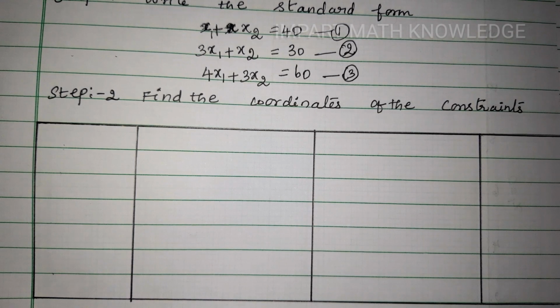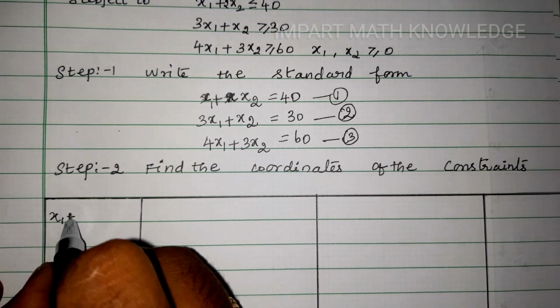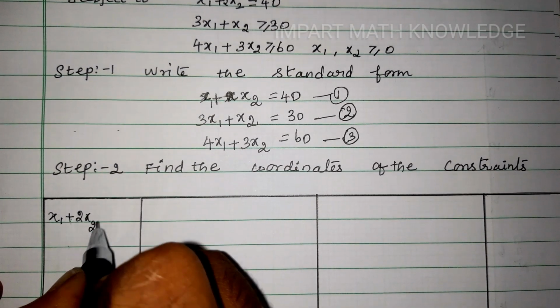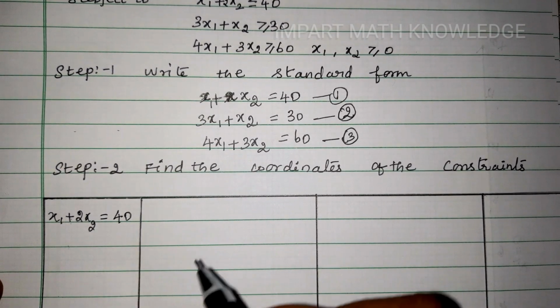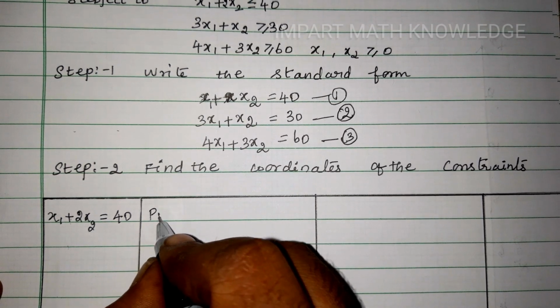Second step, we have to find the coordinates of the given conditions. So let me write the first equation, x1 plus 2x2 is equal to 40. Put x1 is equal to 0.